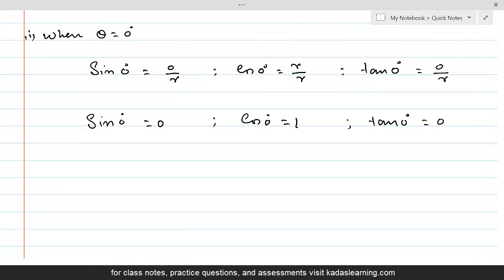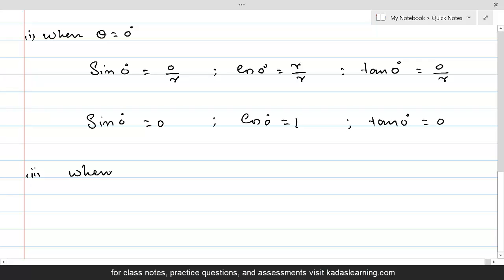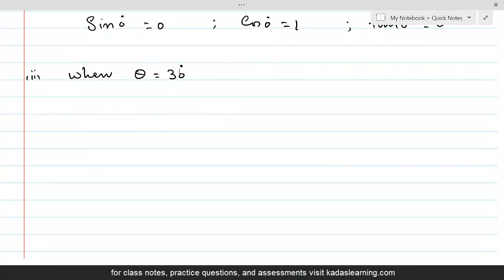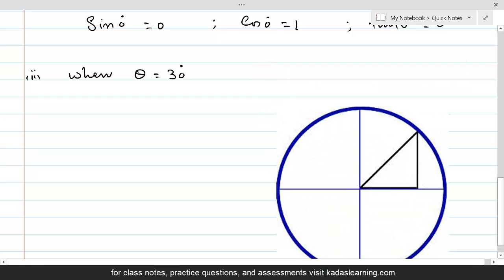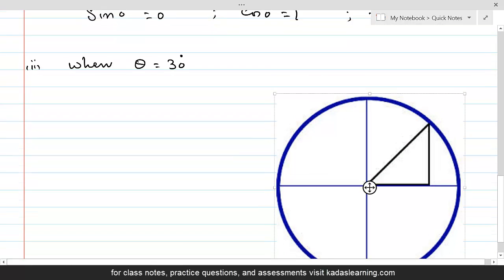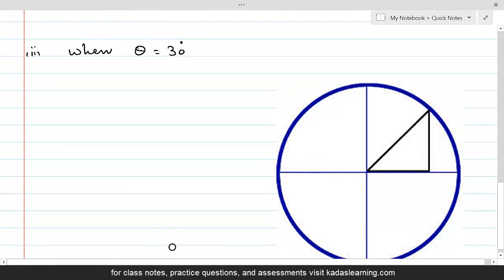Let us now consider the case when theta is equal to 30 degree. We will redraw the figure, and here is the new figure, and let's consider that this angle now is equal to 30 degree.